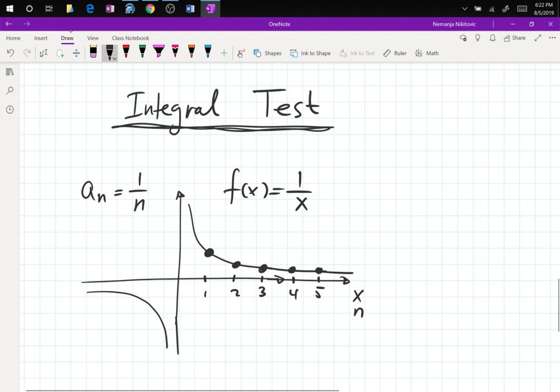Integral test is trying to compare these two worlds and say, you know what, when these three conditions are satisfied about the function you claim you have, then you can use improper integral to talk about convergence or divergence of a series.